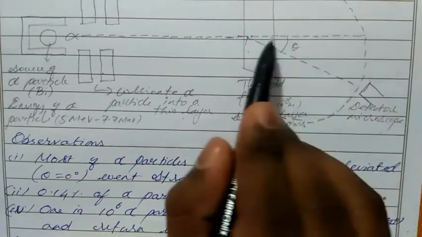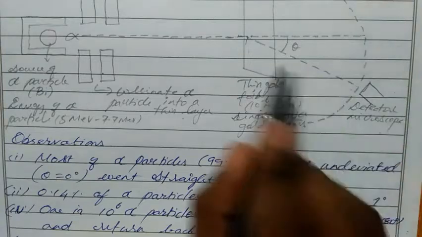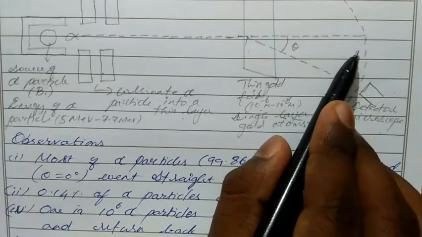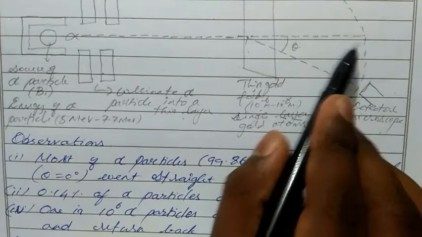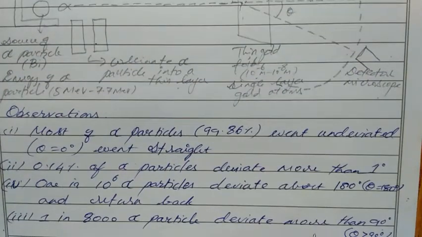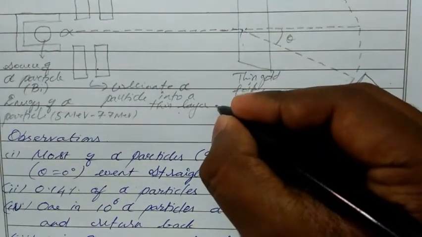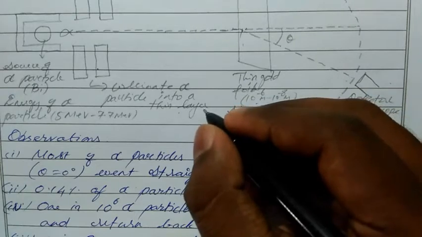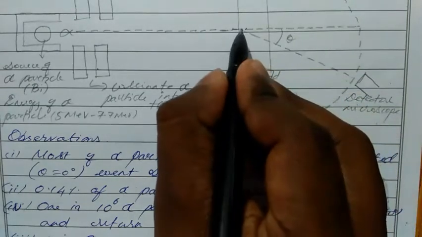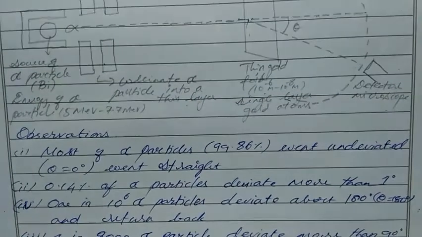Then only 0.14% are deflected more than 1 degree, which is very small. Then 1 in 8,000 alpha particles deviate more than 90 degrees. Then 1 in 10 lakhs alpha particles are exactly reflected back. So these are the observations from this experiment.